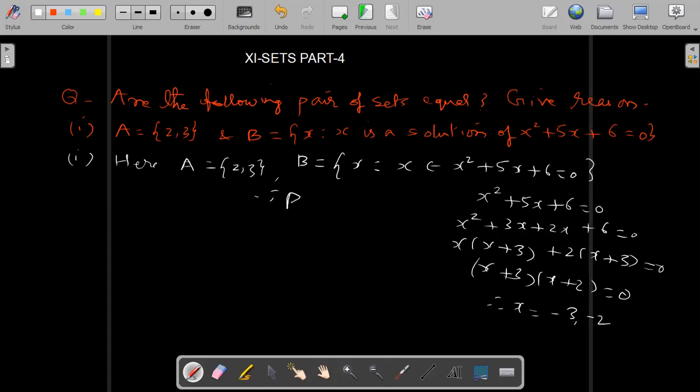So therefore set B will have the elements minus 3 and minus 2, or minus 2 and minus 3, which are not equal to this one.